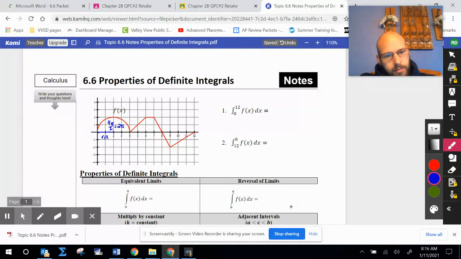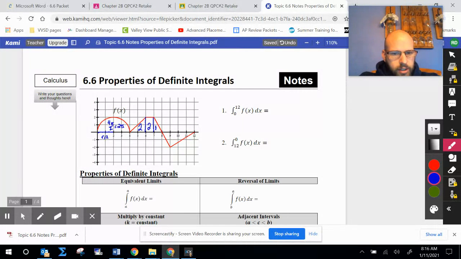Then I'm going to take this little triangle. I have 1/2 base times height. So my base is 2, my height is 2. So 1/2, 2 times 2 would just be 2. I have a little rectangle of 2. And then I have 1/2 base times height here, which would give me 1.